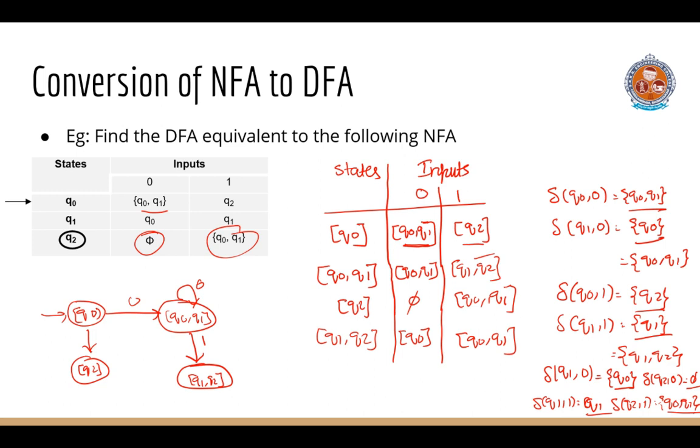Now come to the next state Q2. Q2 on 0 is phi and Q2 on 1 is {Q0, Q1}.